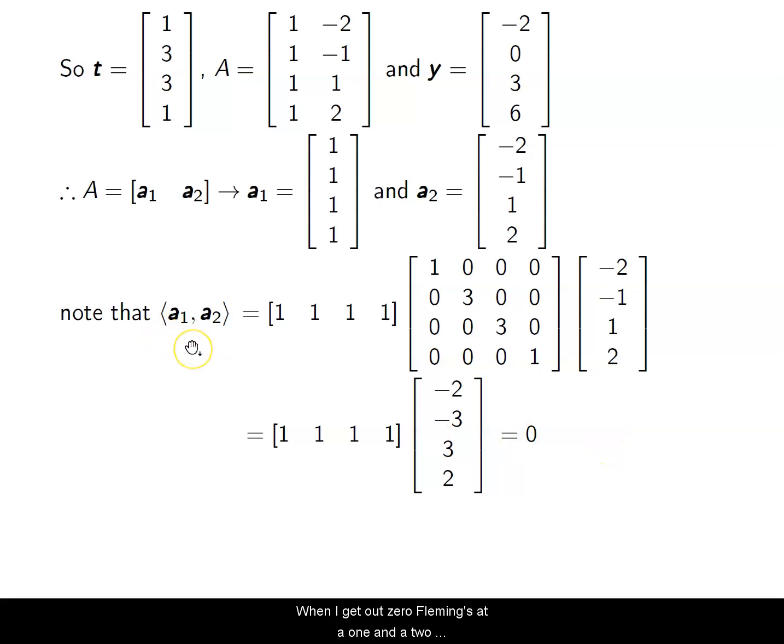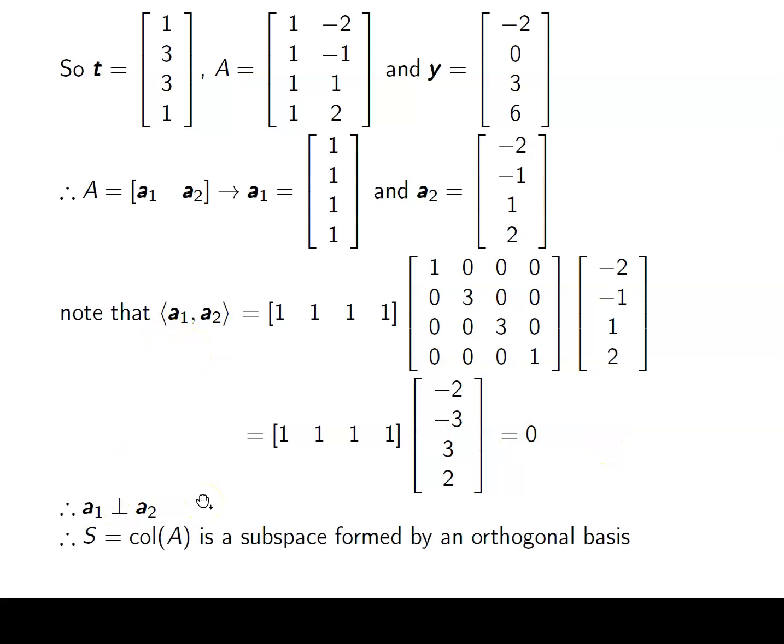So that means that A1 and A2 are orthogonal to each other, which means that S, the column space, the space spanned by these column vectors, is a subspace formed by an orthogonal basis. Since it is formed by an orthogonal basis, I can use this subspace for all of my inner product projections.